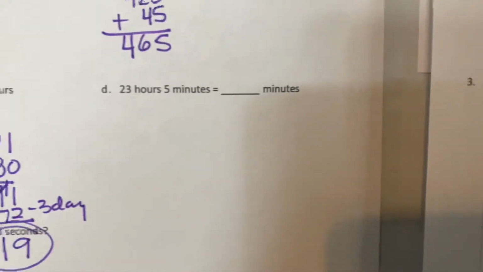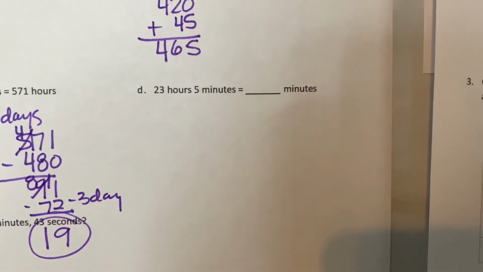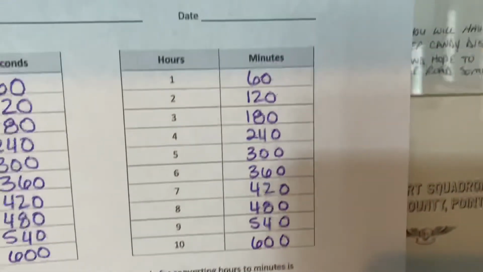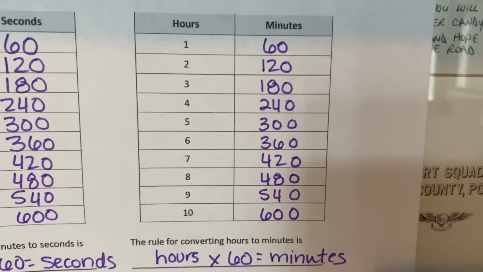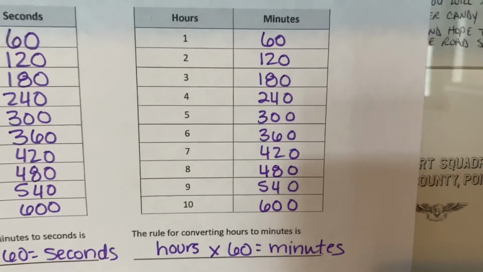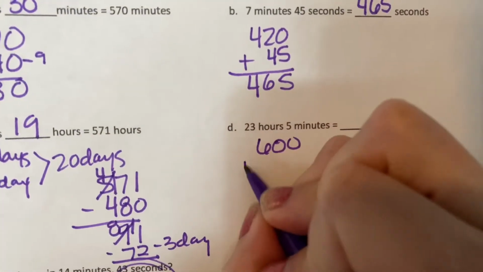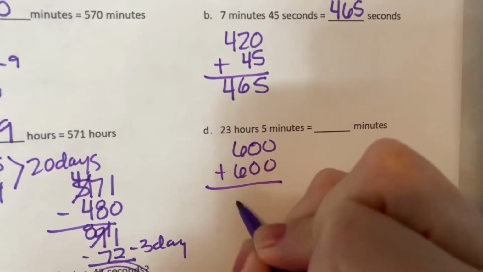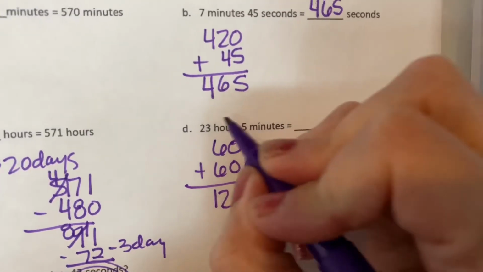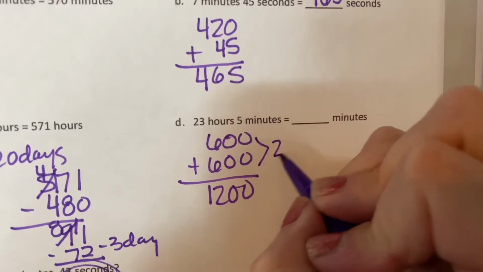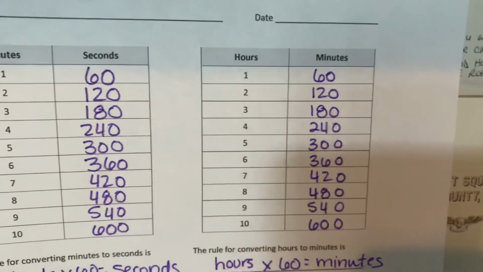On our last one, we have 23 hours and 5 minutes. So when I come up here and I look at my hours, I know that 10 hours is 600 minutes. So if I double that, I've got 600 plus 600, that is 1200, and this alone right here is 20 hours. If I come back up, I know that 3 more hours is 180 minutes.